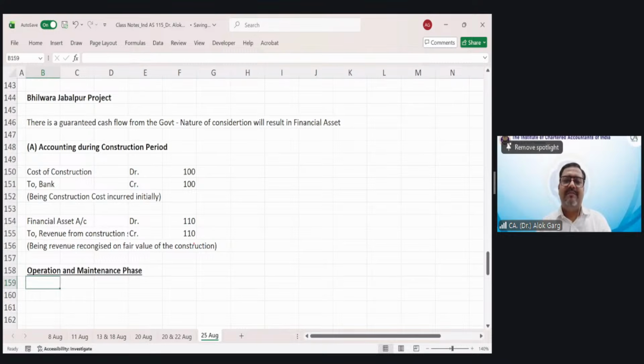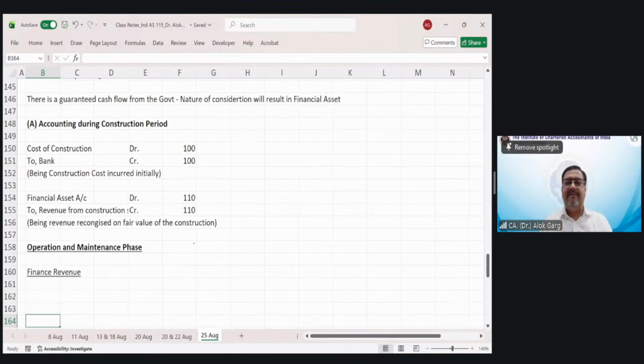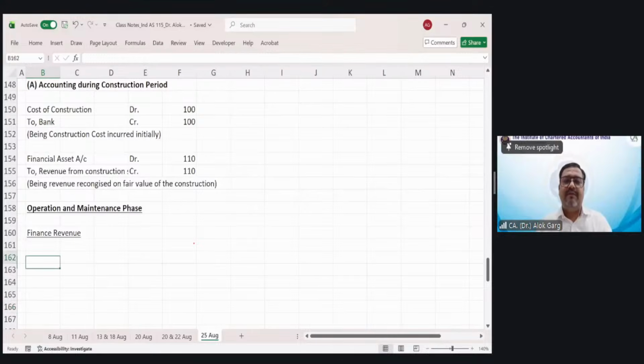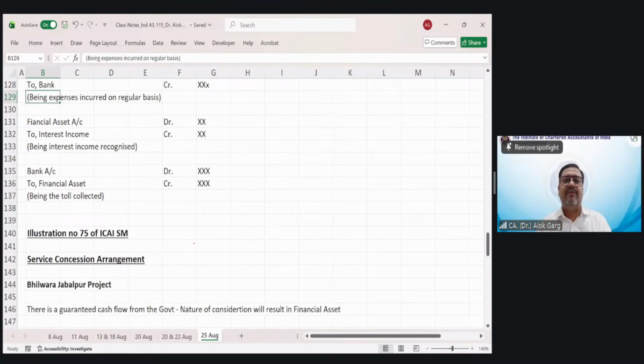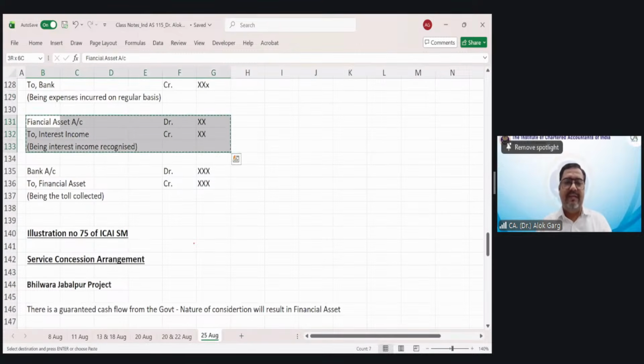So in the operation and maintenance phase, what will you do? You will recognize finance revenue. What is the accounting entry? Tell me quickly, I have to wind up in the next 5 minutes. Finance revenue: financial asset account debit to interest income. What is the value?